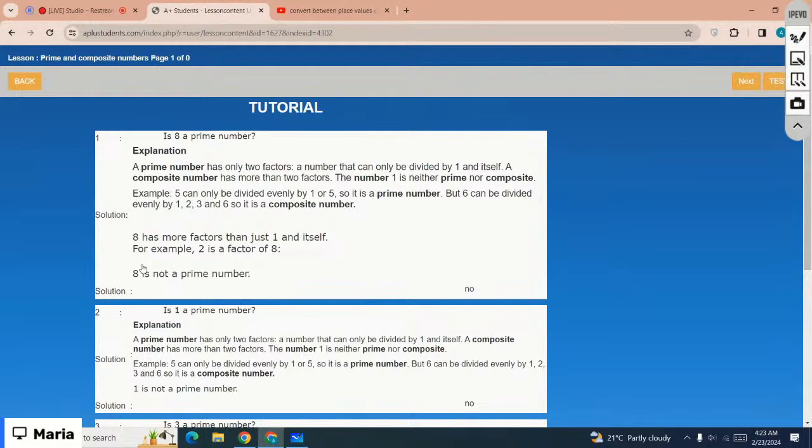So prime numbers are the numbers that have only two factors, 1 and the number itself, right? And composite numbers are the ones that have more than two factors.